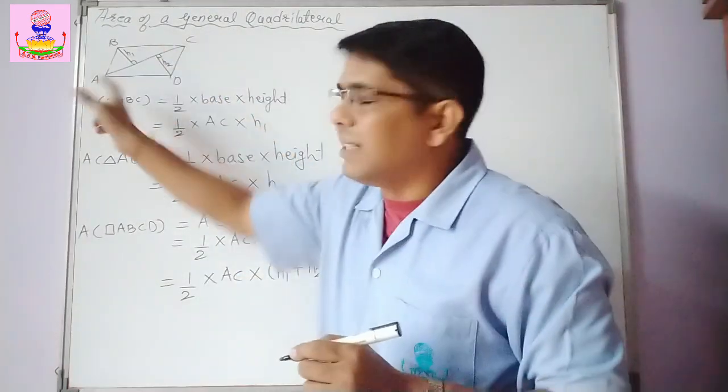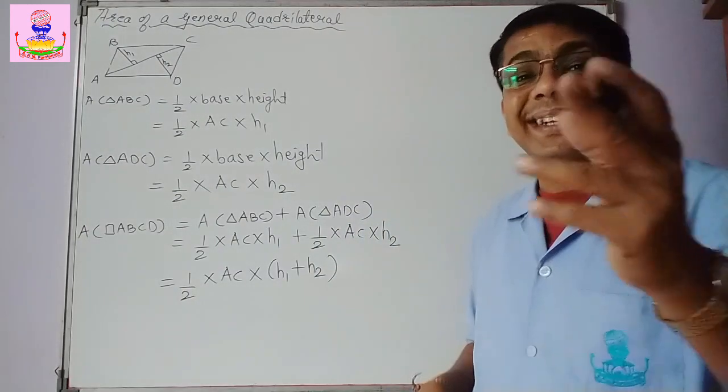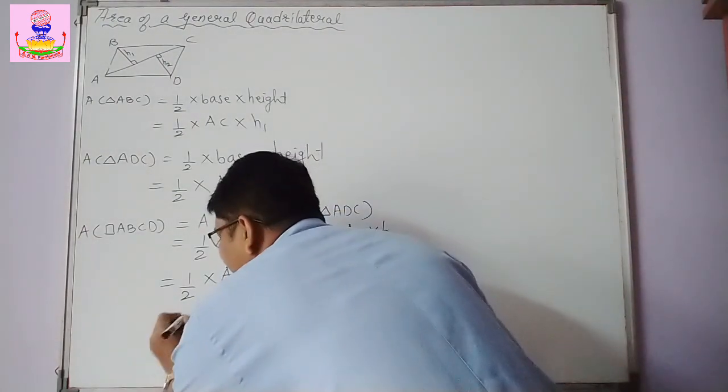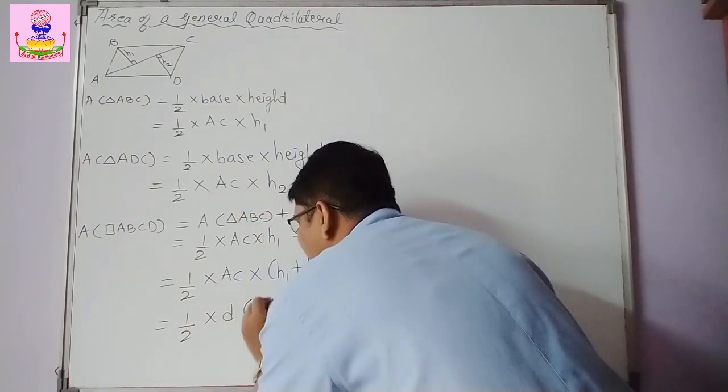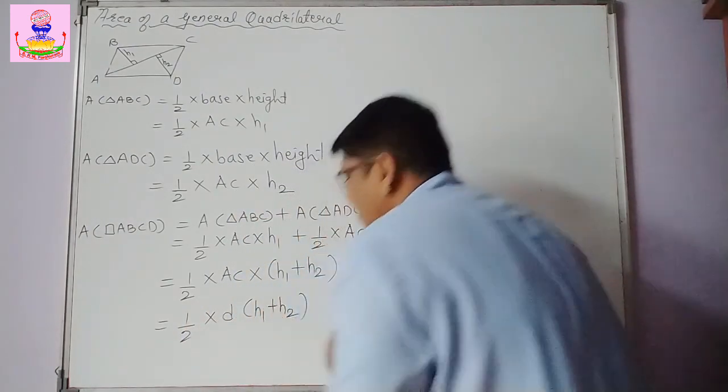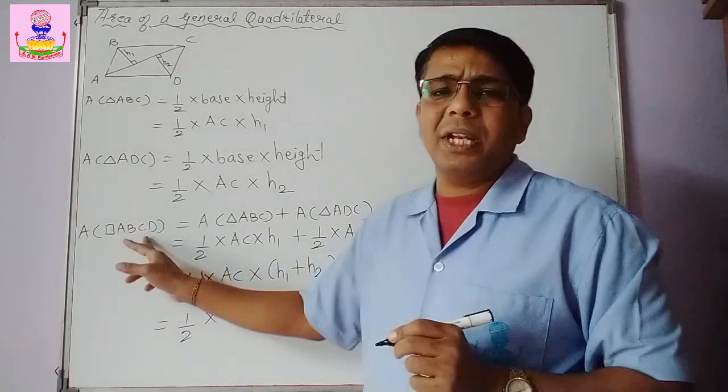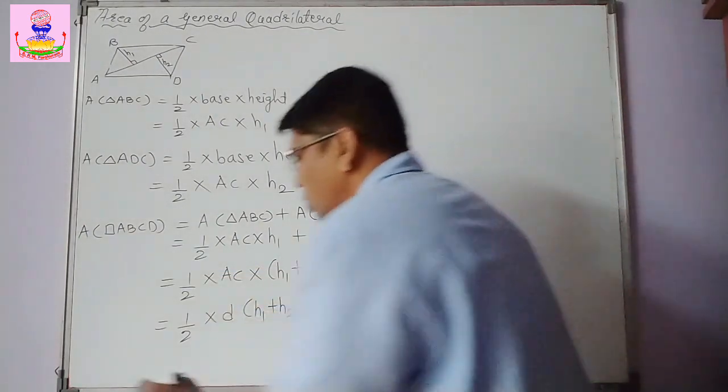Now, what is AC? AC is nothing but the diagonal. We'll represent it as D. So you get half into D into (H1 plus H2). So this is the generalized formula for any quadrilateral.